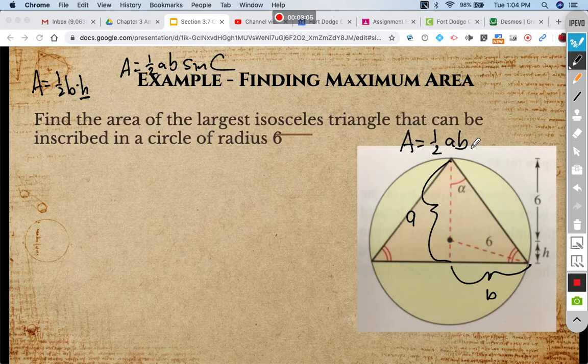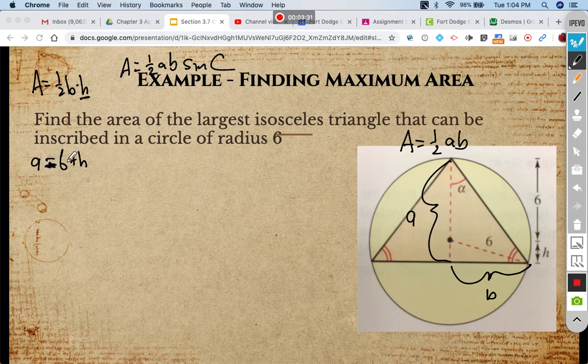Now, again, I have two variables here, and I need to get this down to one variable. So if I look at this, A is really 6 plus h. So to figure out A, we get h involved here.